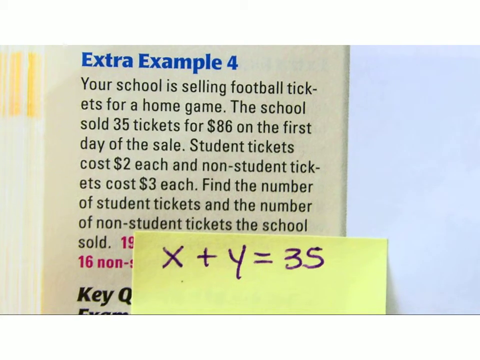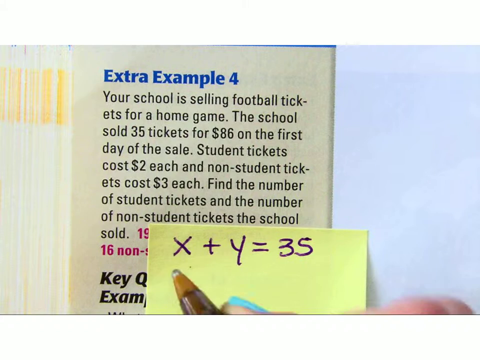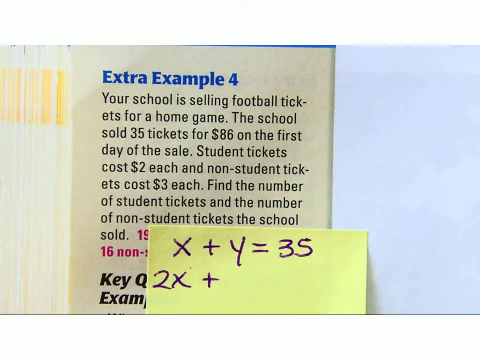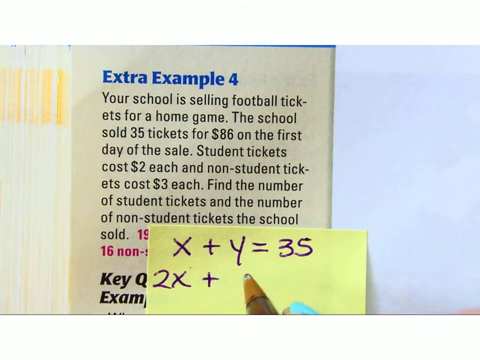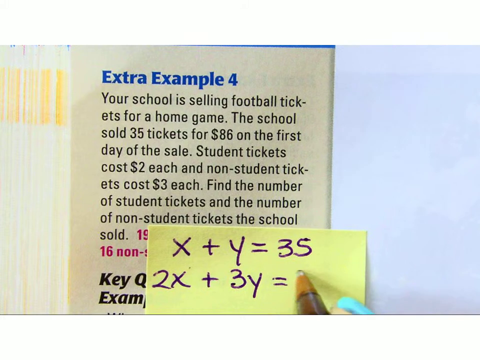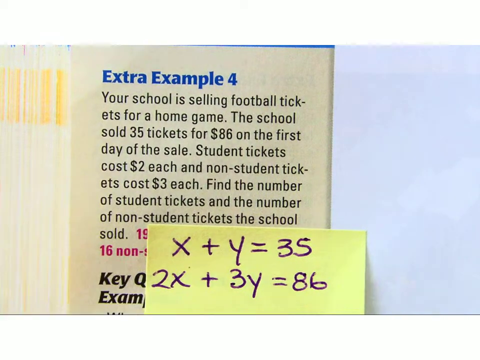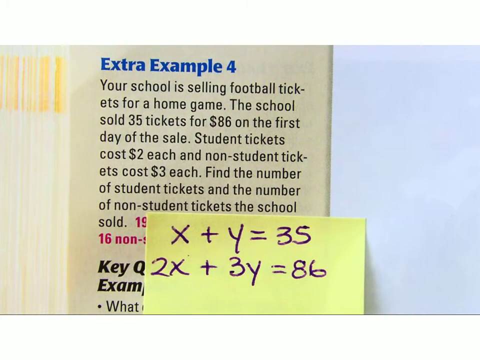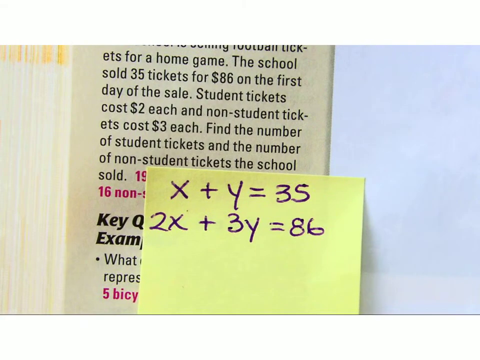Student tickets sell for $2 a piece. Add that to the fact that you sold some non-student tickets at $3 a piece, and those amounts equaled 86. And right now, I just care about you being able to set it up. When we get to substitution and elimination, we'll figure out how many of each tickets there were, okay?